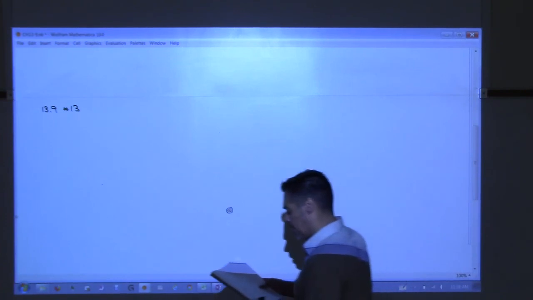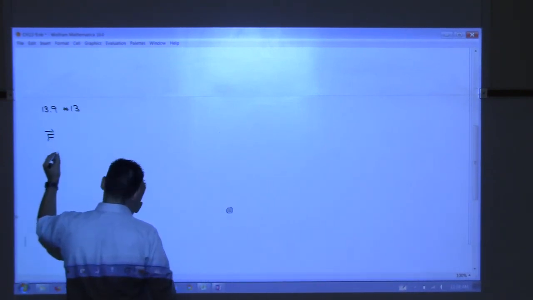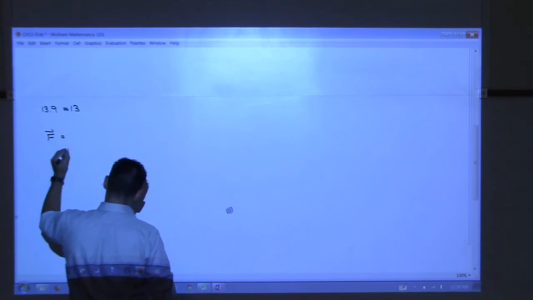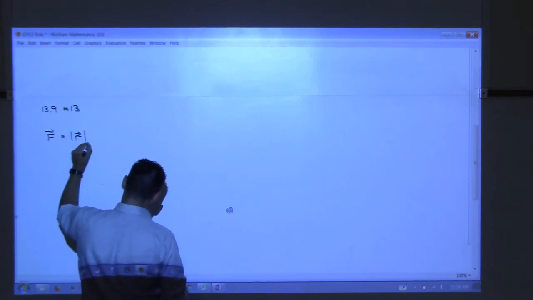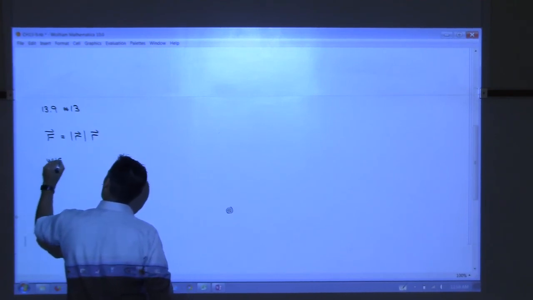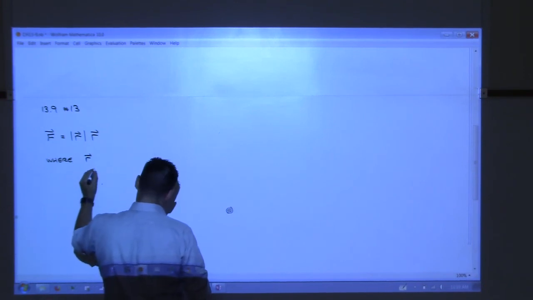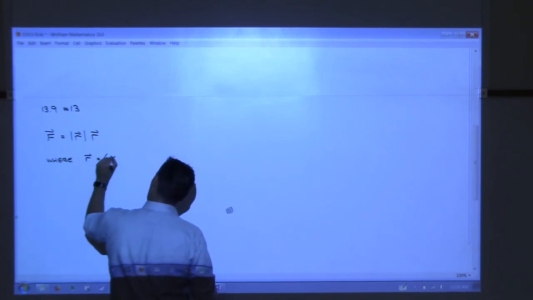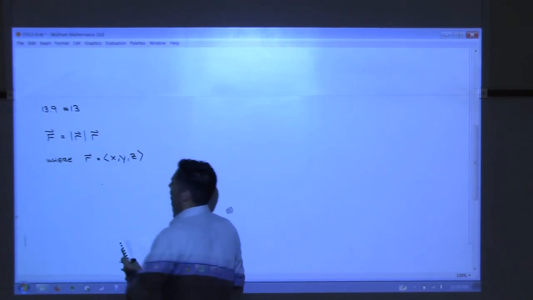This is going to be different. Here, you're given a vector field, and the vector field is defined to be the magnitude of r times r, where r is equal to the vector x, y, z.